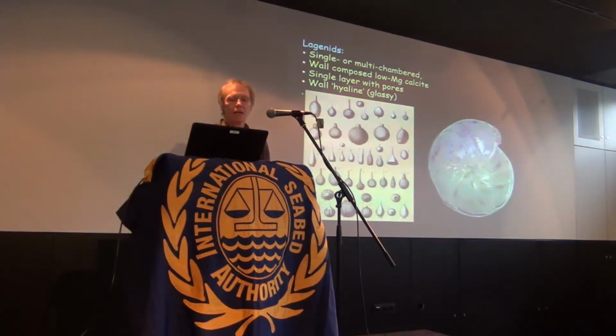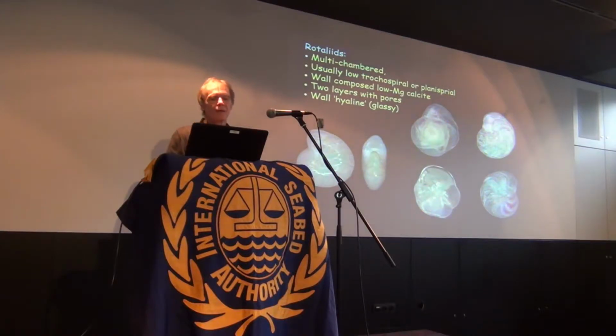The Lagenida are either single-chambered or multi-chambered. You get a lot of these very delicate flask-shaped single-chambered Lagenida in deep-sea sediment. You get a lot of species, but they're never common. The wall is composed of low magnesium calcite, and the crystals are arranged in a single layer without pores, and the wall is hyaline or glassy. And then the Rotaliida.